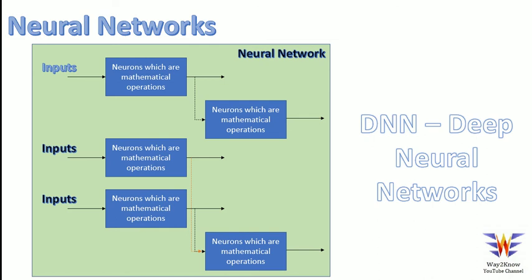So what does neural networks mean? In this example, you can take a simple block here which has some inputs, and each block here is called a neuron. Neuron here means simple mathematical operations, which is again part of an algorithm at a bigger level, and then they provide output accordingly.